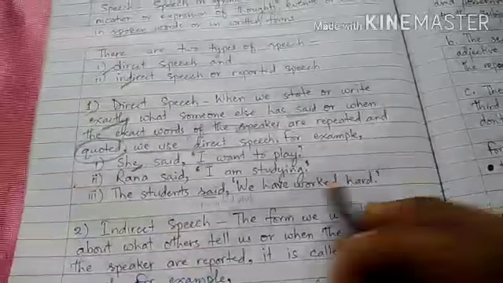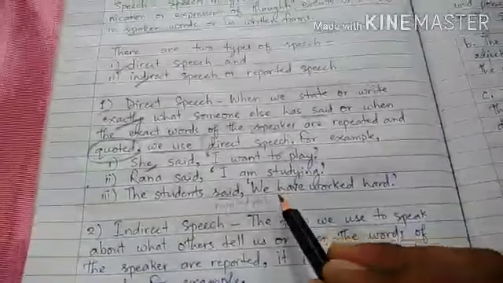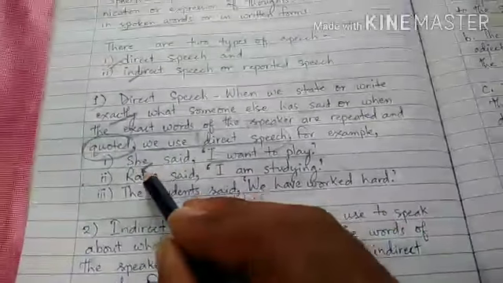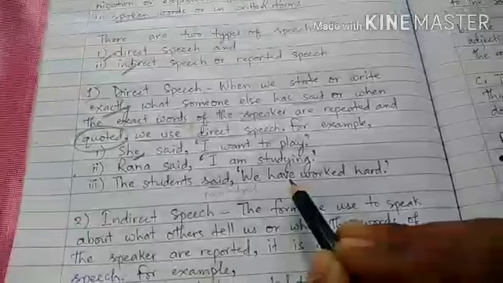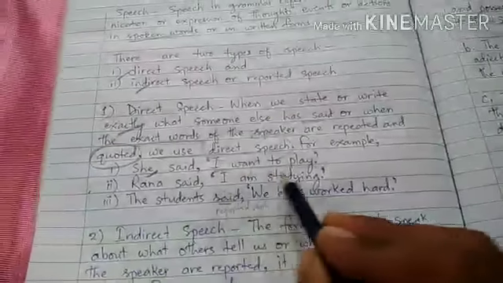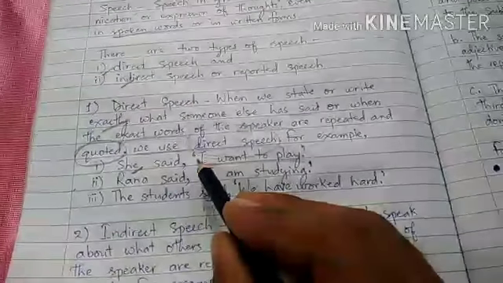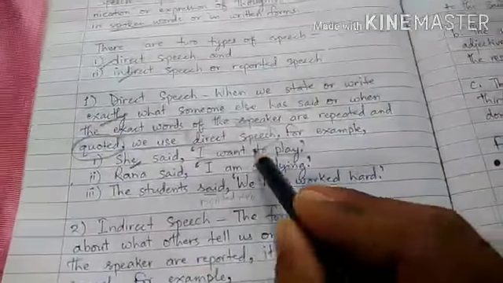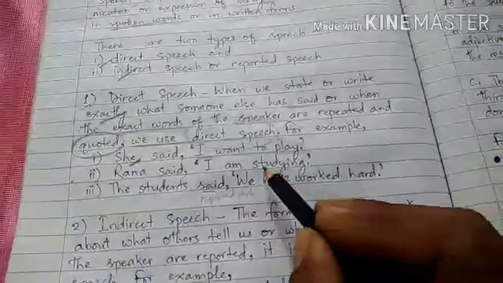So here in all these three sentences, we have kept the words spoken by the speaker as they are, without making any changes. Okay, and all the words spoken by the speakers are kept here using quotation marks. So all these sentences are in direct speech.